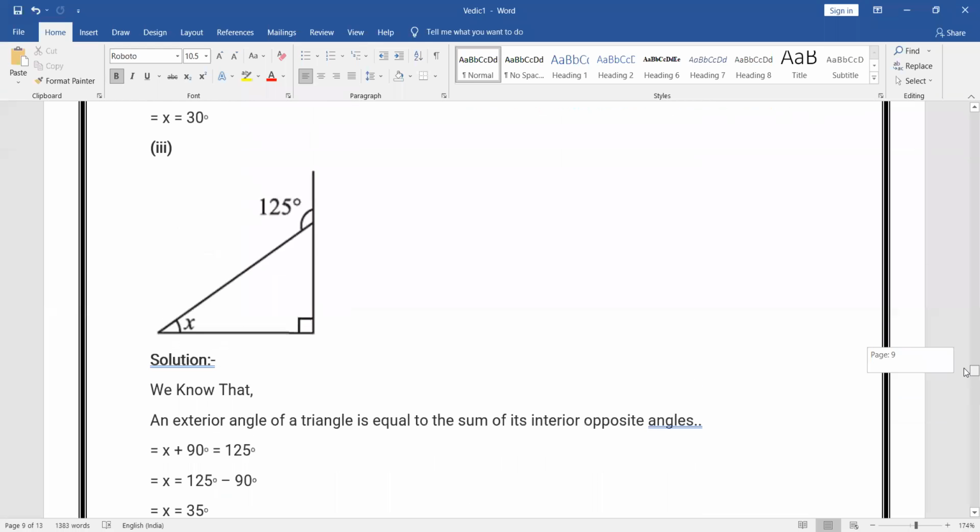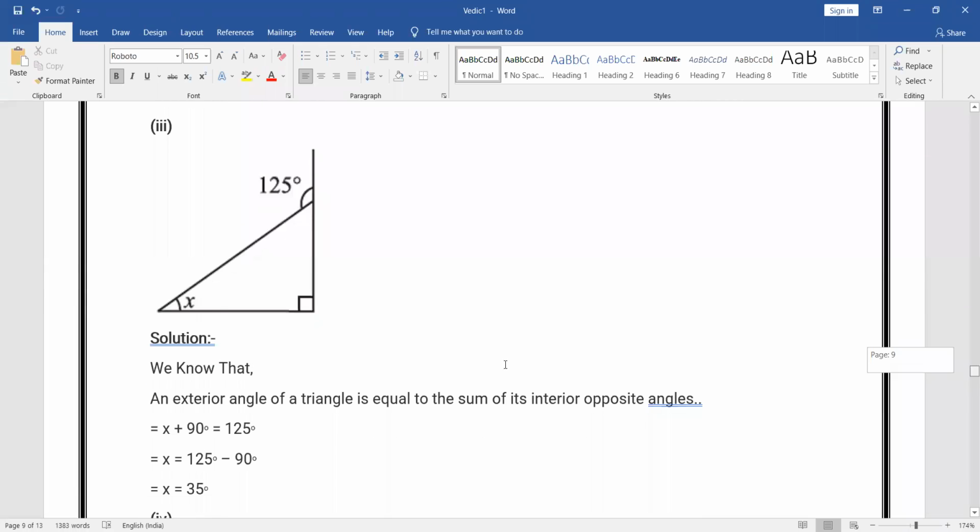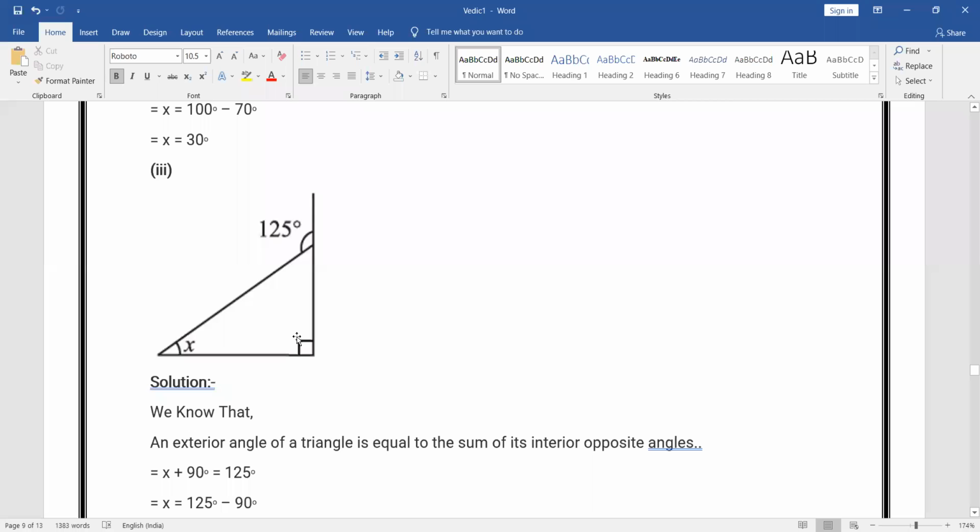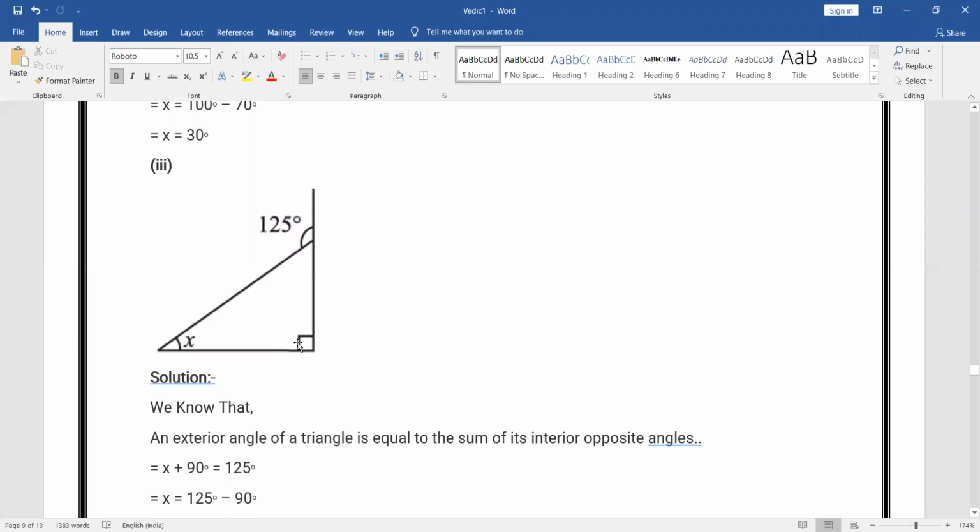Yes, third part. Just see the third part carefully. Here, don't get confused, ma'am, the third angle is not given to us. How to find it out? So this sign, you already know that this is the sign for 90 degrees. Okay, that's why this angle is of 90 degrees. So what will we do?